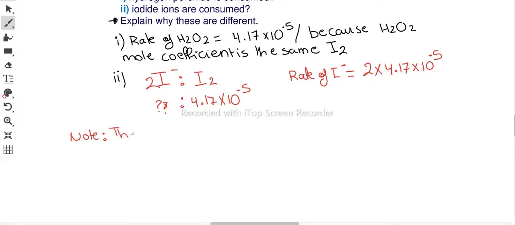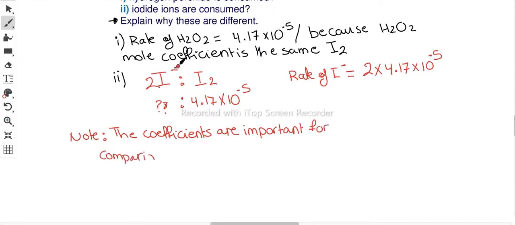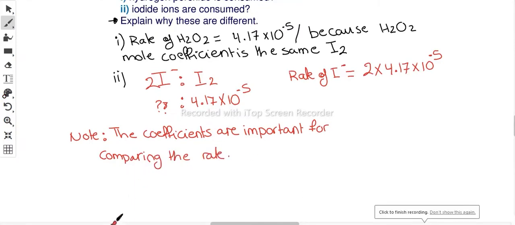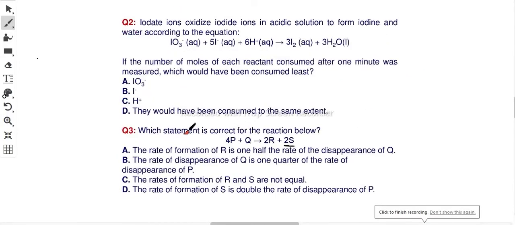The coefficients are important for comparing the rate of reaction. So keep this note inside your mind. Now we're going to continue with more examples.